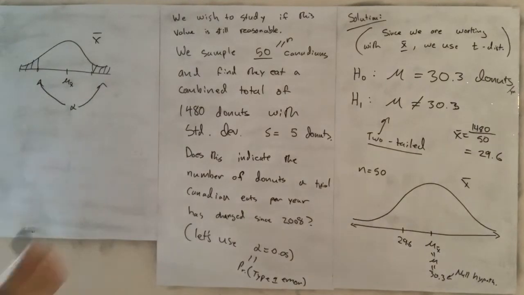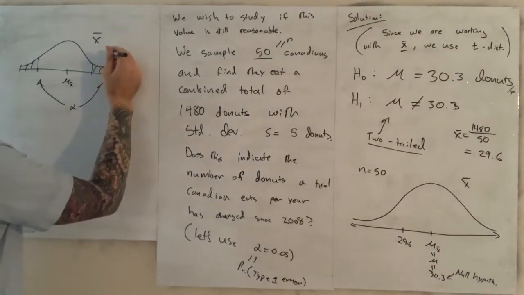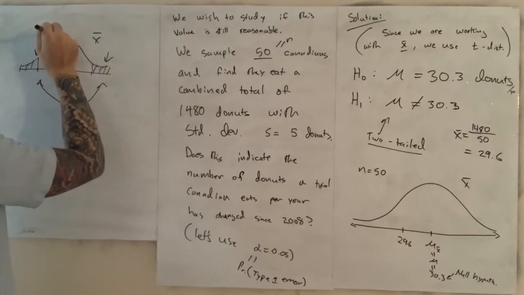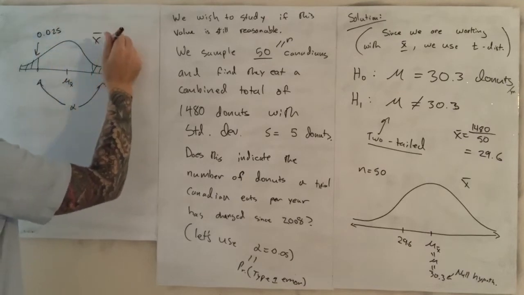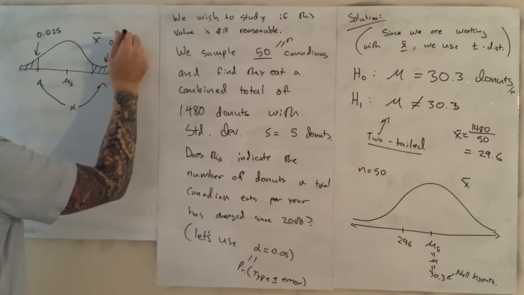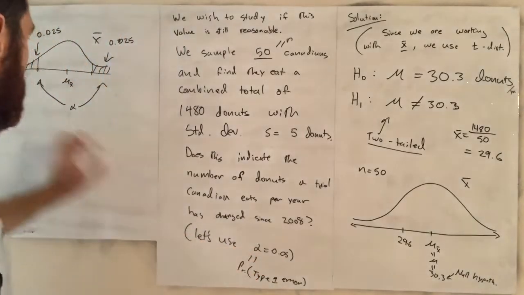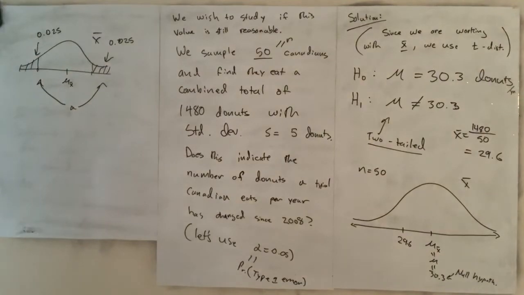And so what this means is that each one of these is going to be equal to 0.025, because you want to split that region in two. So we have two tails.